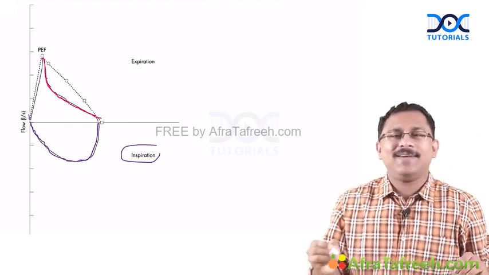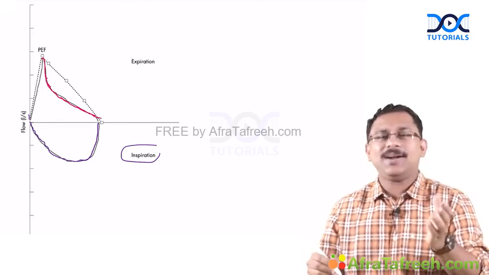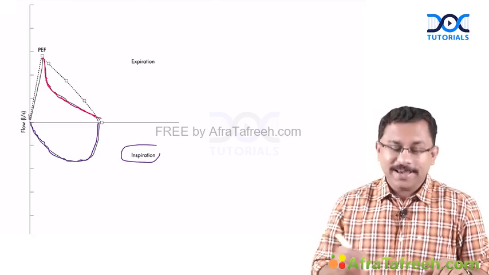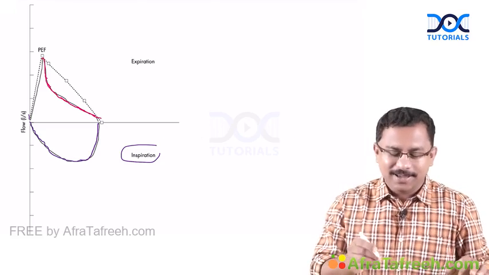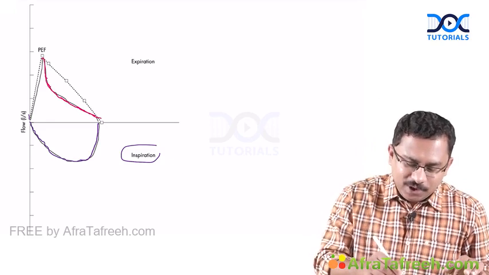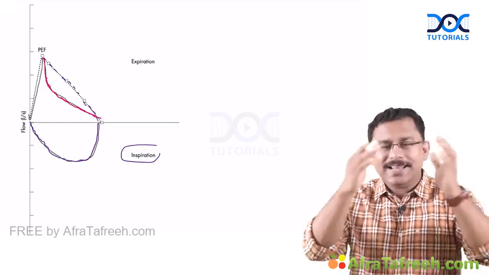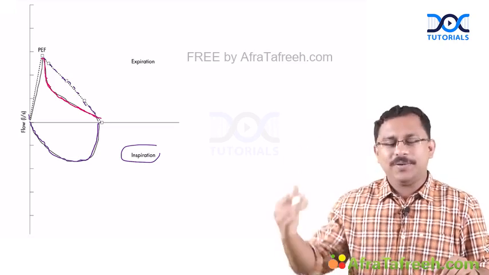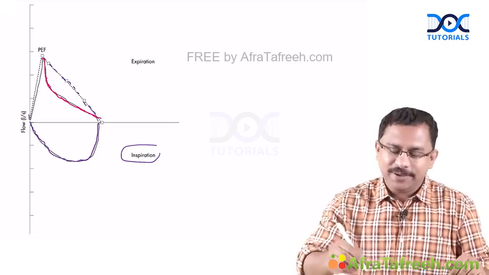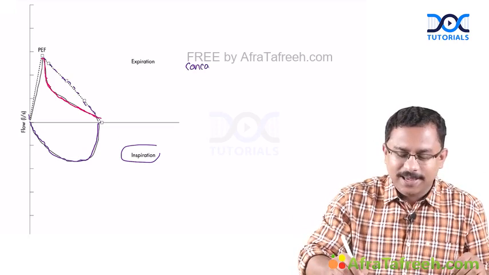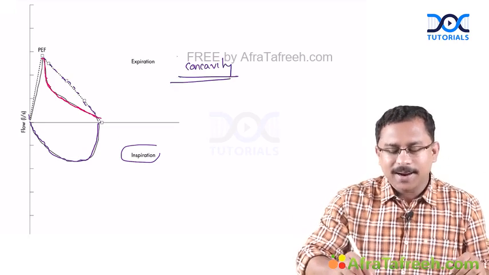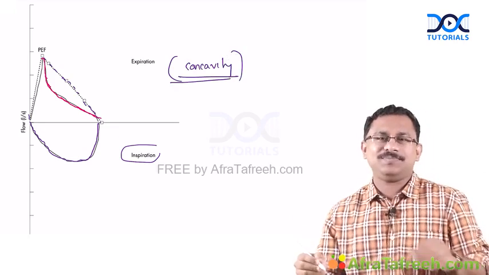Okay, there is a concavity in the expiratory part of the flow volume loop. Can you see the concavity? And you can very well see the dotted line which actually shows the original expiratory loop. Okay, so there has been a significant concavity in the expiratory part of the flow volume loop.